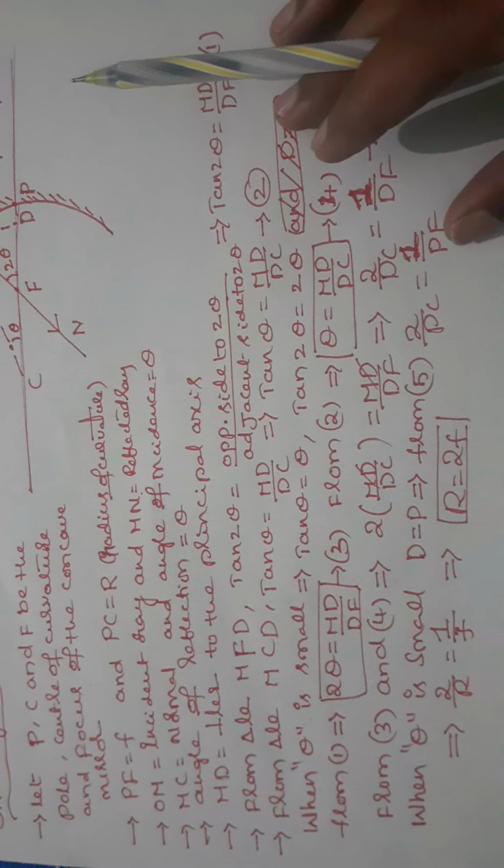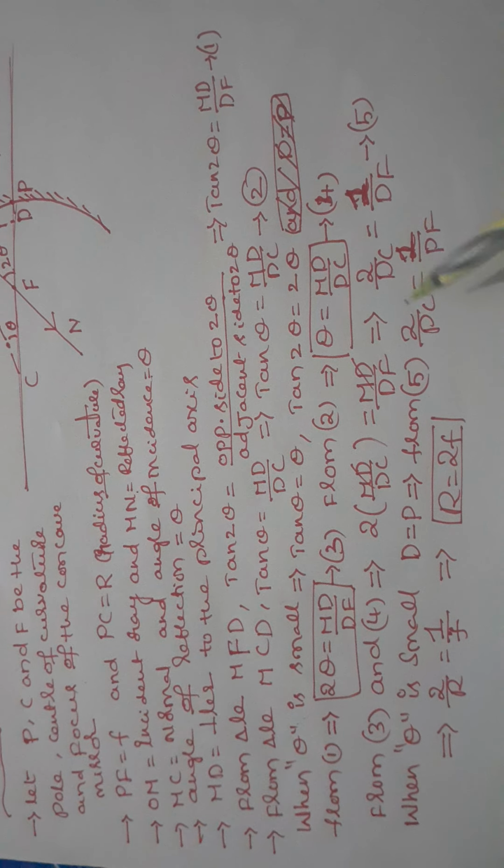That is why 2 by PC equal to 1 by PF, that is, PC means radius and PF means focal length. 2 by R is equal to 1 by f. By cross multiplication, R is equal to 2f. So the radius of curvature of a concave mirror is equal to double the focal length, or 2 times the focal length.